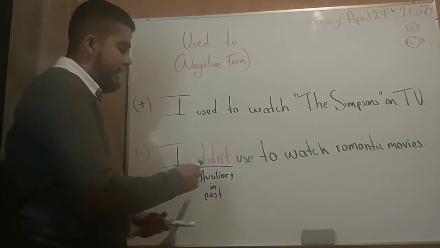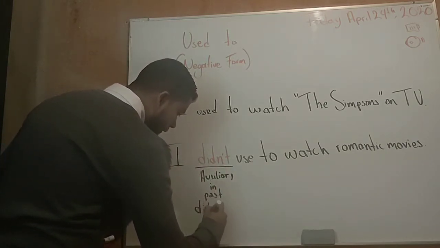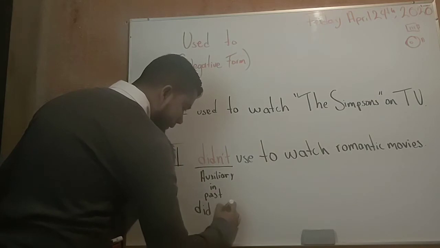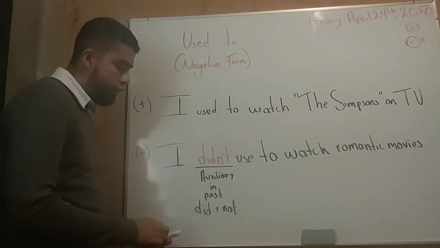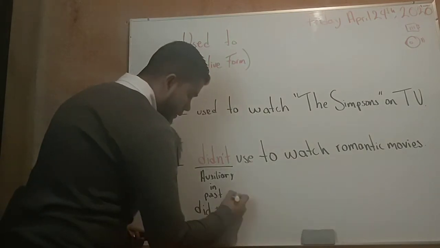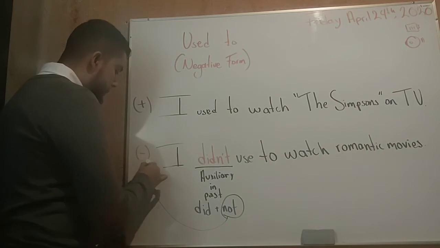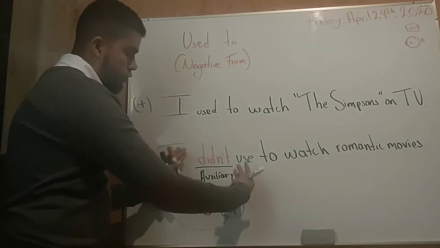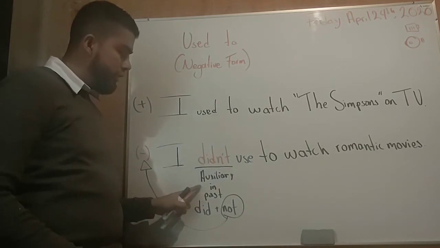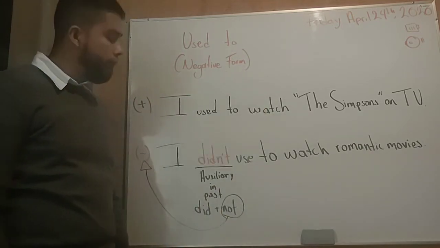Remember that didn't is the combination of did plus not. Yeah? So, not indicates negative form. So, didn't is my auxiliary in past for negative form.